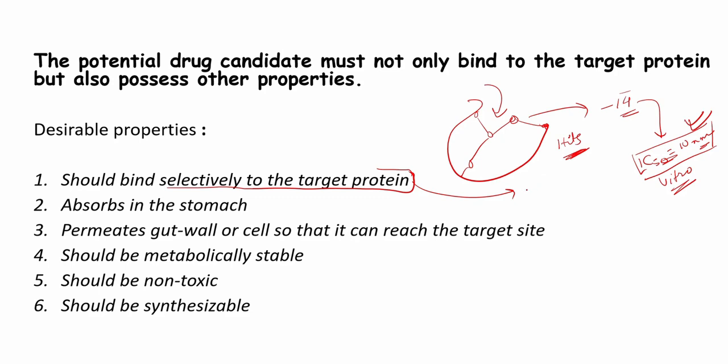So when you take your molecule orally, the supposed drug molecule should not be degraded by the liver enzymes. It should be non-toxic, or less toxic, right? And it should be synthesizable.